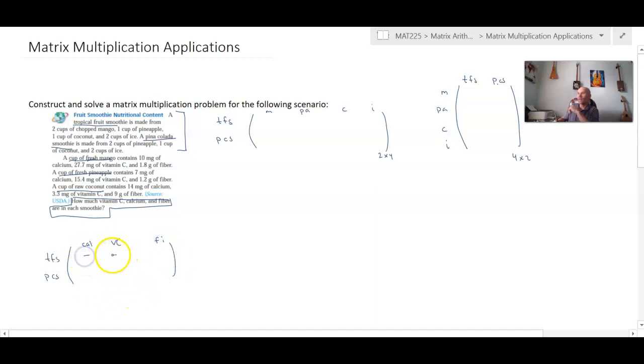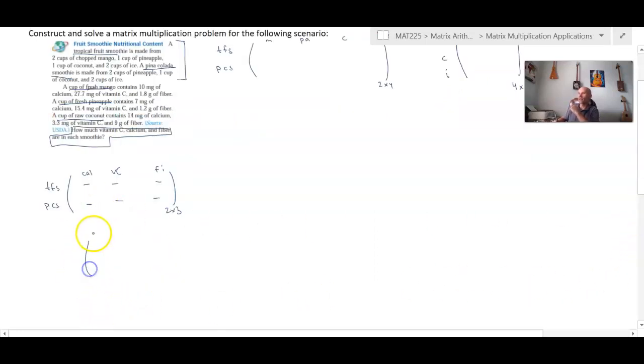So we could either end up with an answer that contains 2 rows and 3 columns, or, of course, depending on how we design this, we could also have our smoothies on top along the columns and our 3 nutritional units as the rows. In that case, this would be a 3x2.